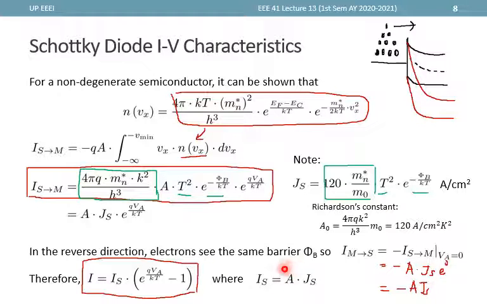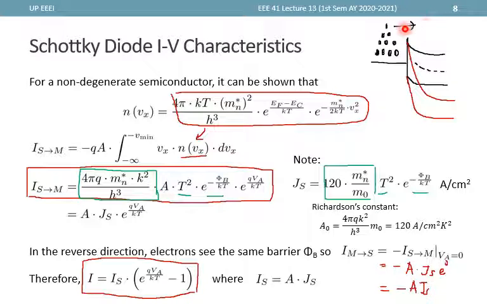Now, aside from the cross-sectional area, the other important parameters for the reverse saturation current are temperature and the Schottky barrier height. Now, increasing the temperature gives more energy to the electrons, which allows them to cross easily to the other side.